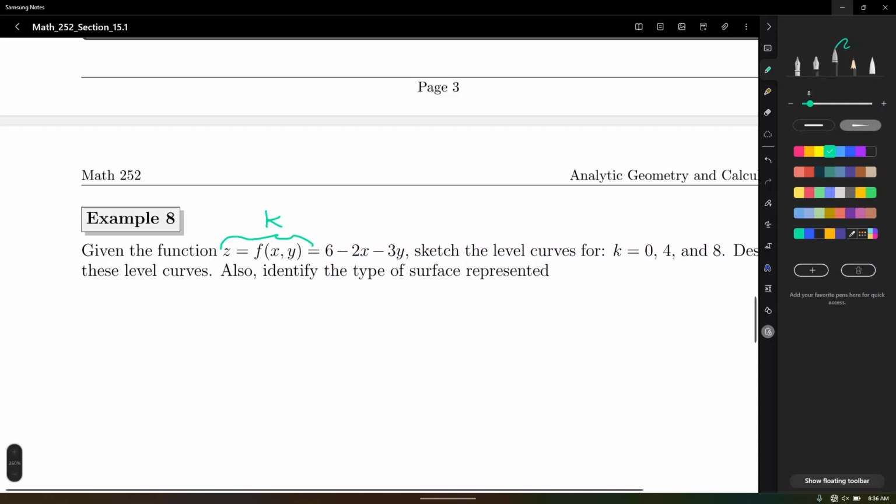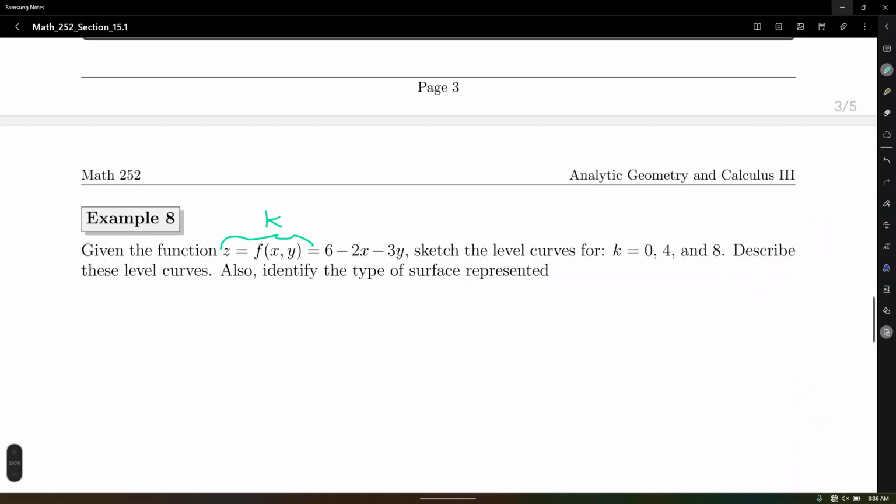When that plane cuts the surface, there will be an intersection line, maybe an intersection curve, circle, or ellipse, depending on the nature of the surface this plane is intersecting. In this case, we're going to give some values of k, in a similar way we did before. Essentially, we're getting the different traces for different heights.